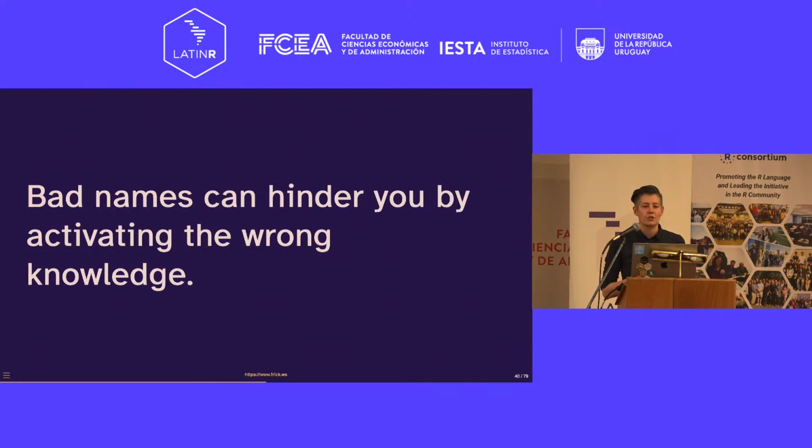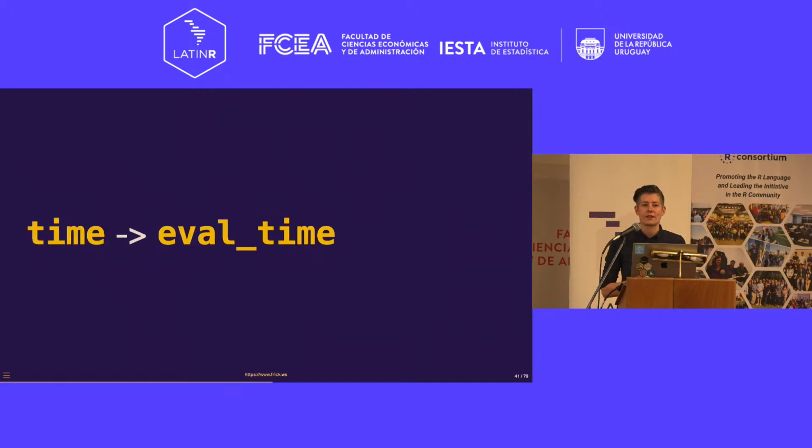They can actually hinder you if they make you think about the wrong thing. Then it gets really tricky. And time was not specific enough to immediately direct you to the wrong time concept, but it certainly left you running a risk that you might misunderstand which of the many time things we were thinking about. So we went and changed things. And instead of time, we called that thing eval time, for evaluation time.